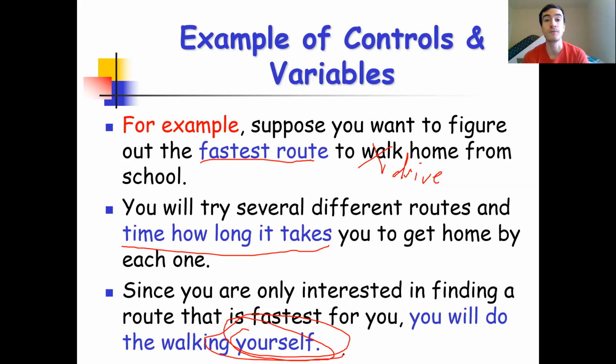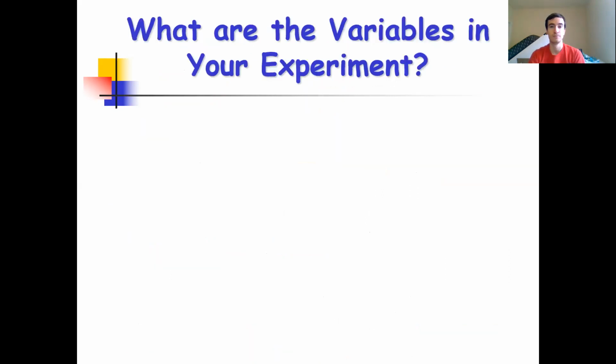So from this, I'll give you guys a couple seconds to think about what is our independent variable in this experiment, what is our dependent variable in this experiment, and what are some of our control variables. Think about it for a couple seconds, and then I'll go through the answers. So what are the different variables in this experiment? What is it that you're changing as the scientist, your independent?